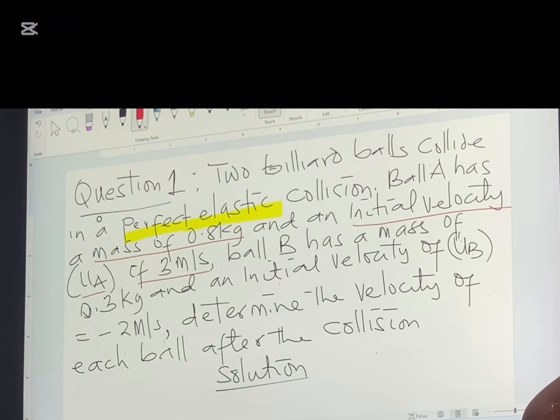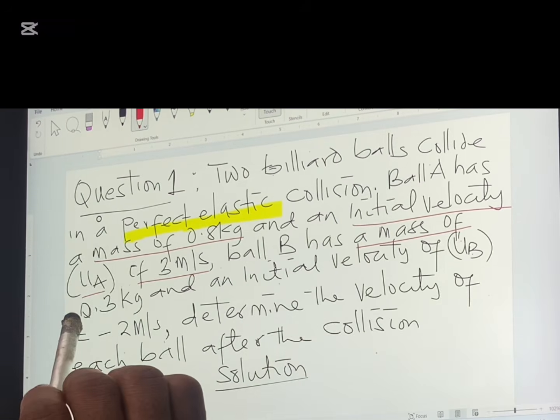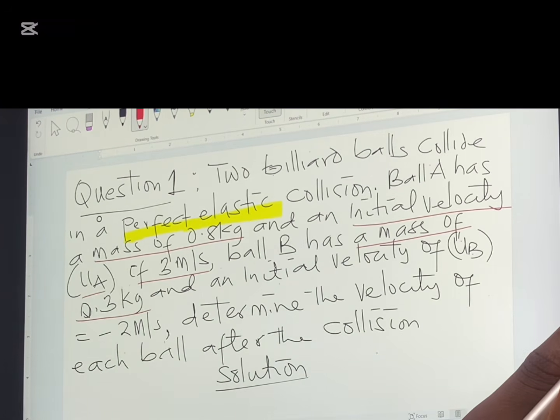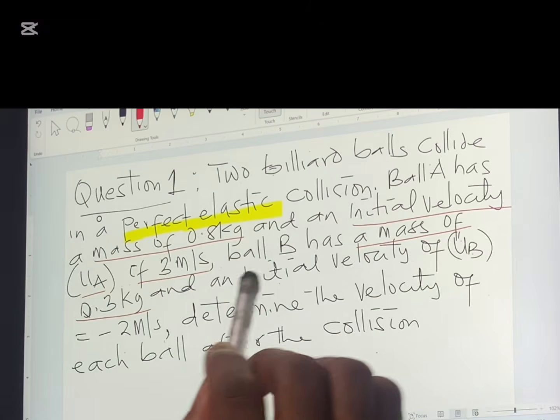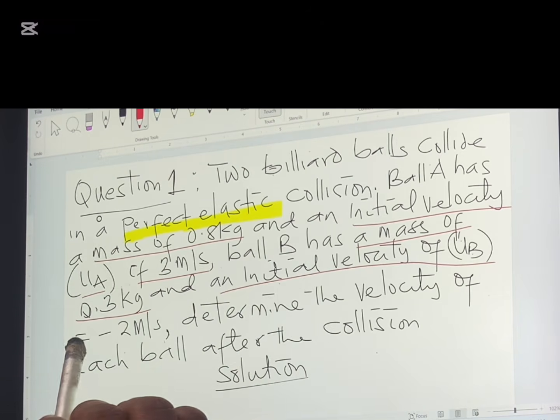And ball B has a mass of 0.3 kg, and the initial velocity attached to it is minus 2 meters per second. Please take notes. We are asked to determine the velocity of each ball after collision.